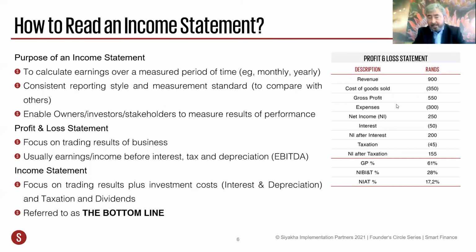But in this particular case, whoever's being charged the interest has gone to a funder who's charging them interest to acquire the asset or whatever it is they needed funding for. So then you would look at your net income after interest. And then, of course, if there's any money left, SARS will be keenly interested, and they would also want their share of the stake. So that's where your net income after taxation comes in.